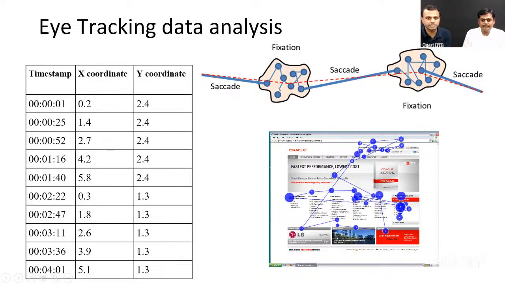So if you see, this is a fixation, and this is another fixation point, fixation 1, fixation 2, and the path between fixations is a saccade. This is given just as an example; we never get values like these, very small values. We get really good values: a computer monitor nowadays is usually 1900 by 1600 to 2000 pixels, so we get much finer values. But to give the idea, it shows that the y-axis is fixed and the x-axis is moving.